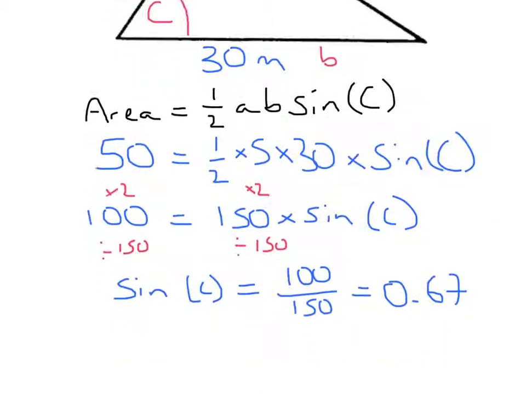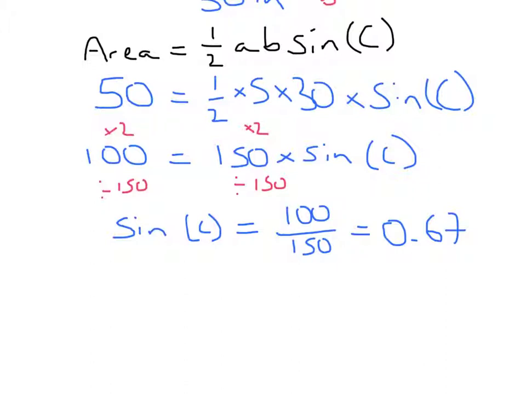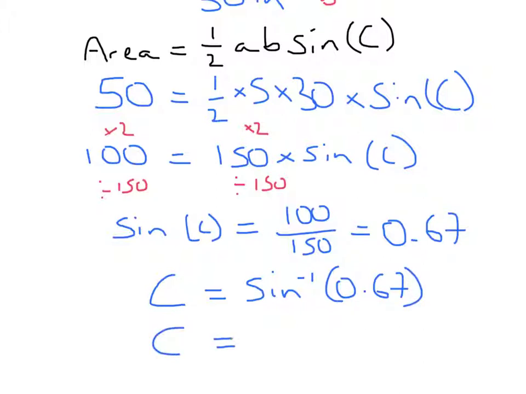So now if we have sine C is 0.67, to find out what C is, we have to use the inverse of sine, or shift sine on your calculator. So we'll have C equals sine to the minus 1, inverse sine of 0.67. So C is 42 degrees to the nearest degree.